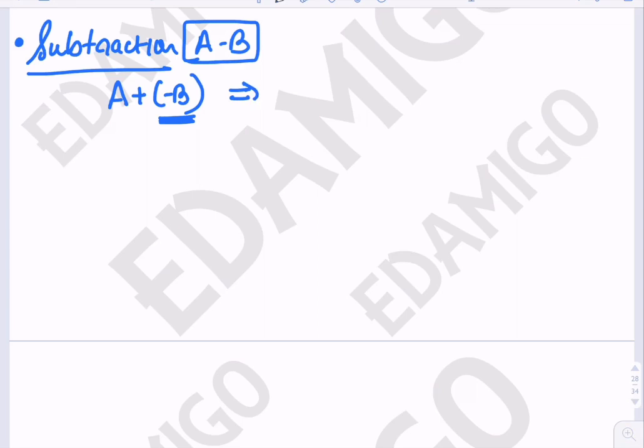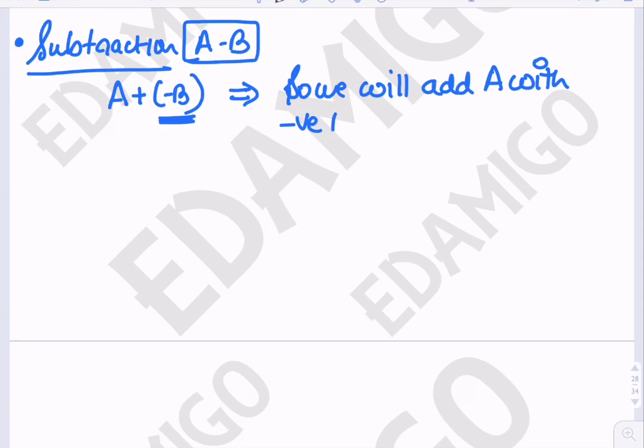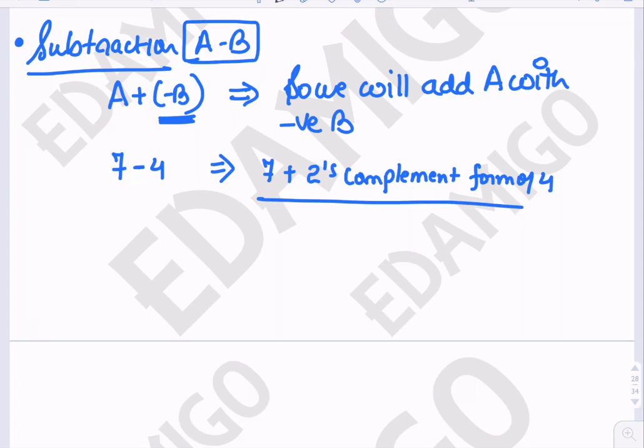So we will add A with negative B. For example, if I want to subtract 7 minus 4, then we can say that it is 7 plus the 2's complement form of 4, because the 2's complement form of 4 is equal to -4.